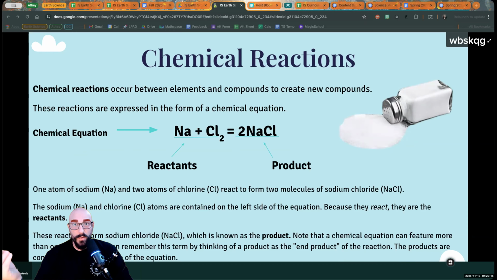And I take pure chlorine, which is a gas, and I throw them into the same container, shake it up. They're going to mix together, and I'll probably get salt out of it. Something completely different, all because those electrons moved around. So a chemical reaction is just the movement of electrons between atoms or compounds, causing things to change.